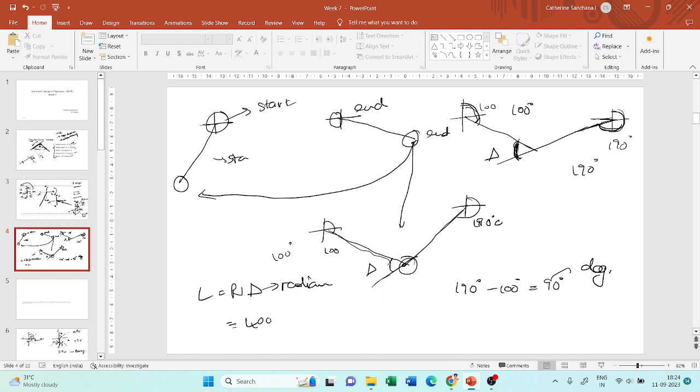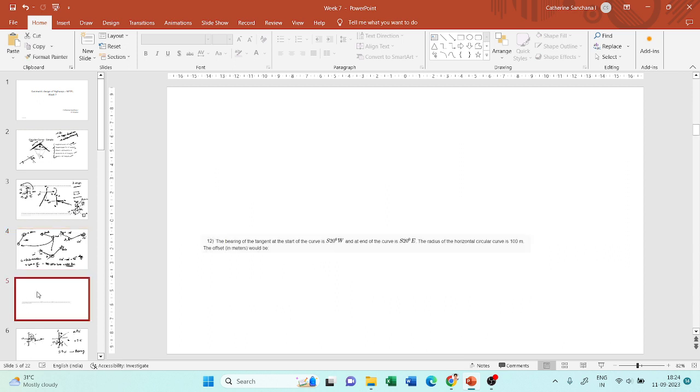So 400 into, what is 90 degrees in radians? It is pi by 2, right? And that will give you 1.57 into 400, which is 628.3 meters. So this will be the length of my curve.